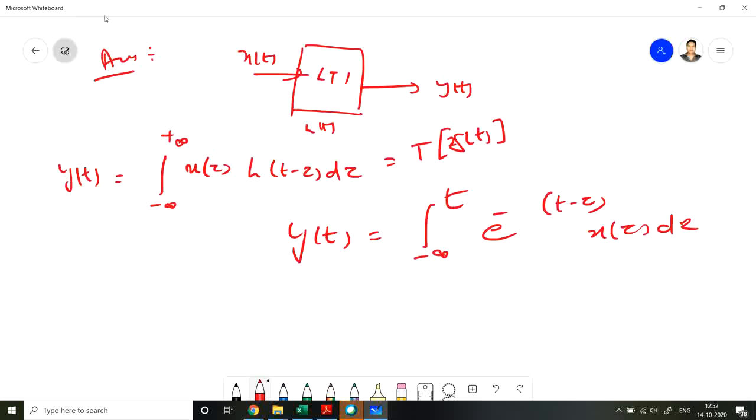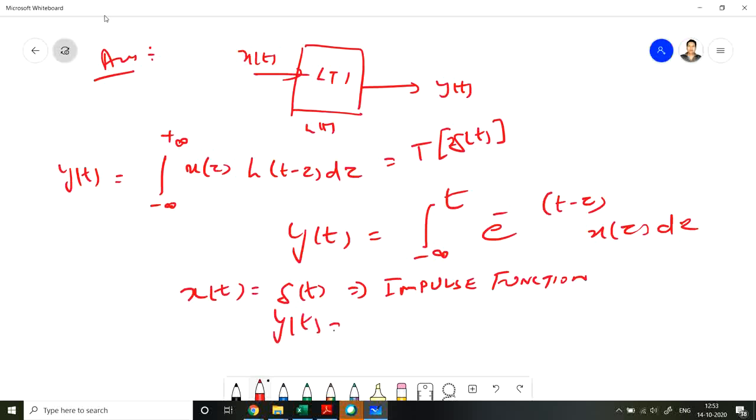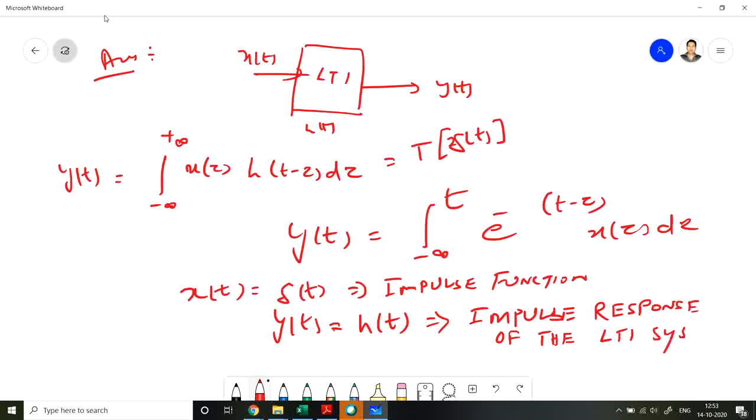Now we need to find the impulse response. So what is the impulse response? When we provide the input x(t) as delta(t), the impulse function, the response we get is called the impulse response of the LTI system.